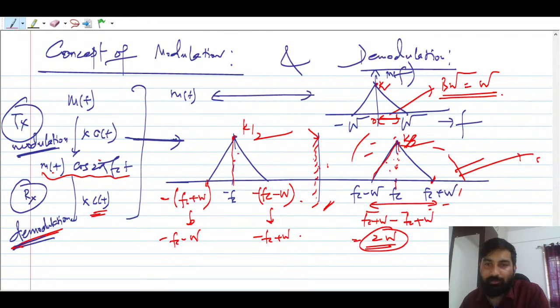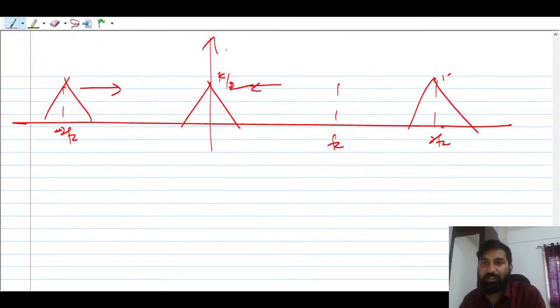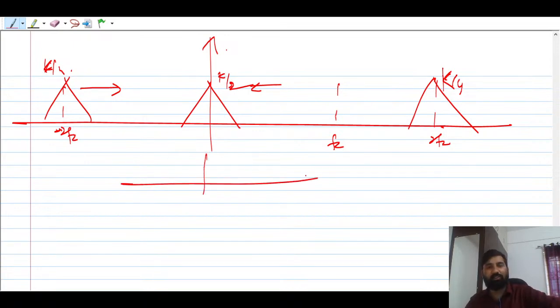Since this and this will get added, here you will get k by 2, but here you will get k by 4, and this is k by 4, because 1 by 2 again you will get, with the cosine. Now you have to pass it through a low pass filter of the same bandwidth, or more bandwidth.